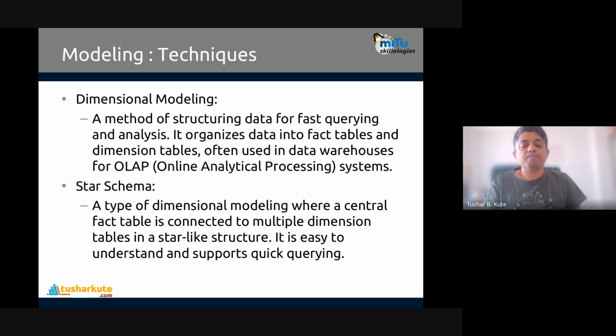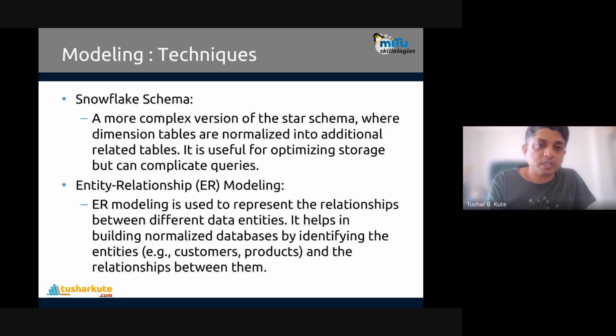Star schema: there are different ways by which dimensions can be organized. In this type of dimensional modeling, a central fact table is connected to multiple dimensions, like a star-like structure, which is easy to understand and supports quick querying. Immediate result generation is possible; that's called a star schema.